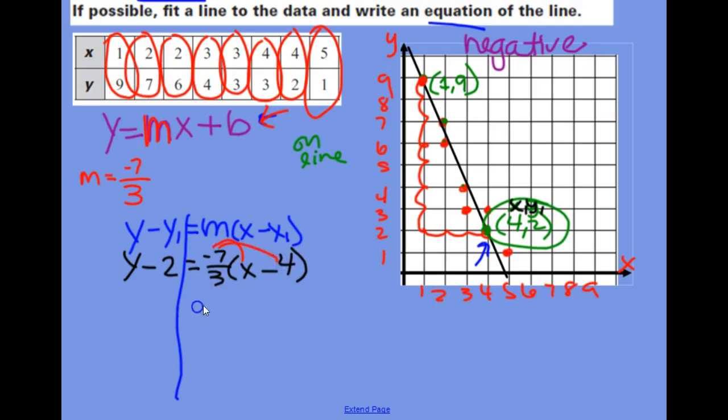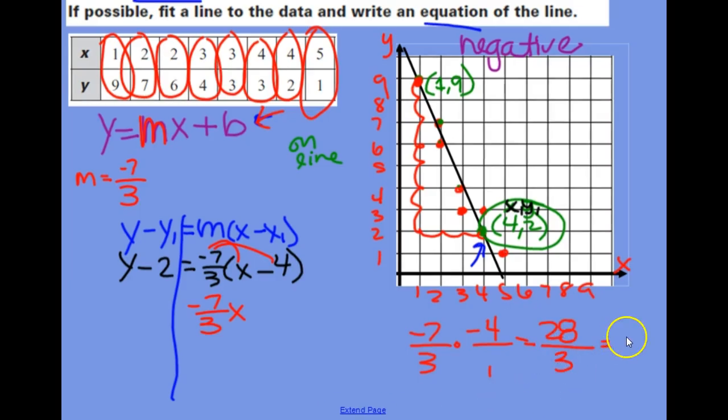So back here we're distributing. Negative 7/3 times x is negative 7/3 x. Negative 7/3 times negative 4 now. Negative 7 times negative 4 is 28. 28 divided by 3. That's going to give me on my calculator about 9.3 repeating, or 9 1/3, whichever you would like to write. It's a positive. I'm just going to write 9.3.